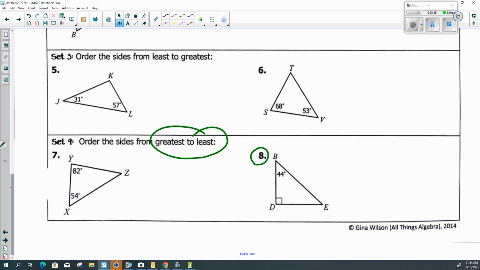Can you find that missing angle? What the 3 angles together have to equal? And what's that one? Okay, so can you see that missing one? So where's the smallest? This is asking about the smallest side, medium side, large side.